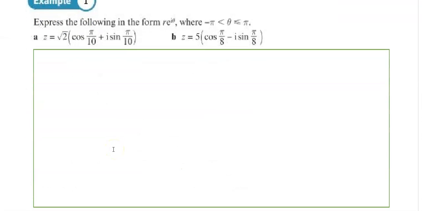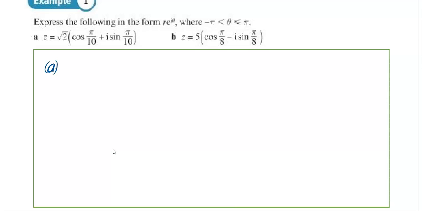So first example, apologies for how fuzzy this is. We have 8 examples to do here, unfortunately, so a fair bit. Right, express the following in the form re to the i theta, where theta lies between minus pi and positive pi. So, very easy, the first one.